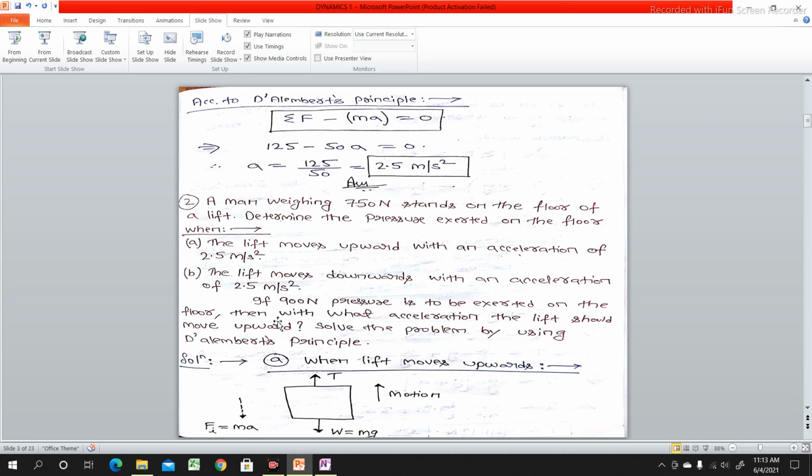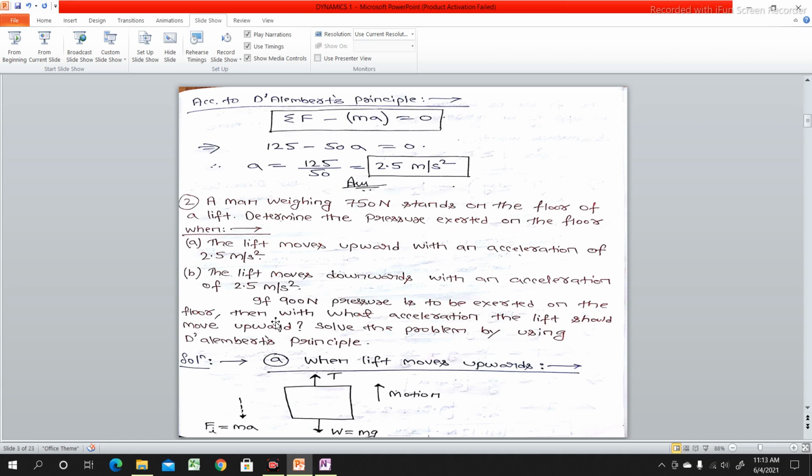According to the third part of the problem, what is given? Tension in the cable supporting the lift, or the pressure exerted by the man on the floor of the lift, is given. That means the value of tension T is given as how much?